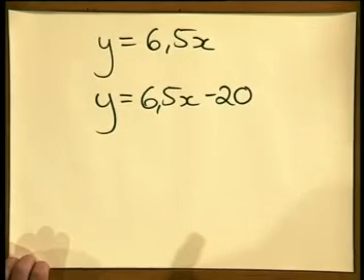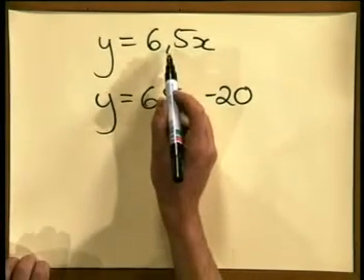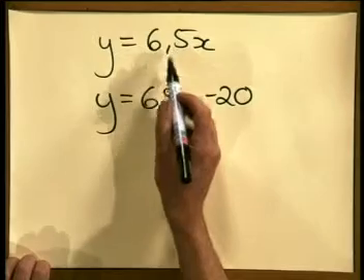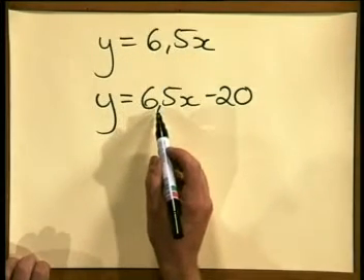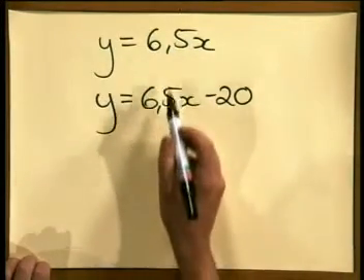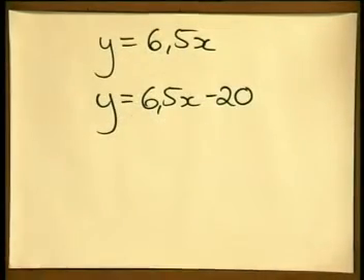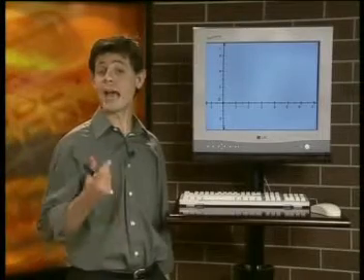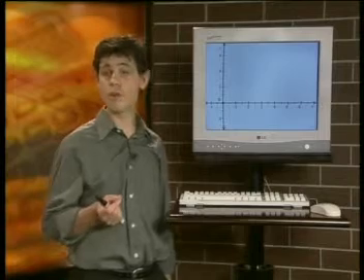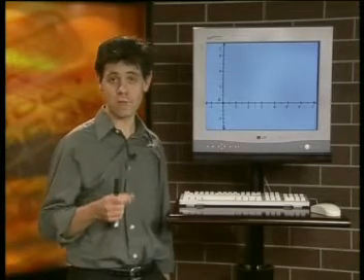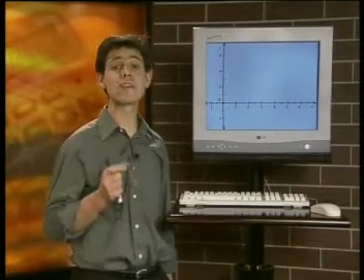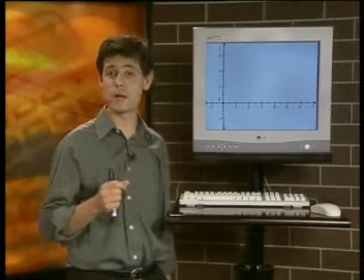Well, in each formula, the coefficient of x, or the rate of change, is 6,5. Let's see how the same rate of change is shown on graphs. We're going to analyze the similarity between the graphs of y equals 6,5x and y equals 6,5x minus 20.